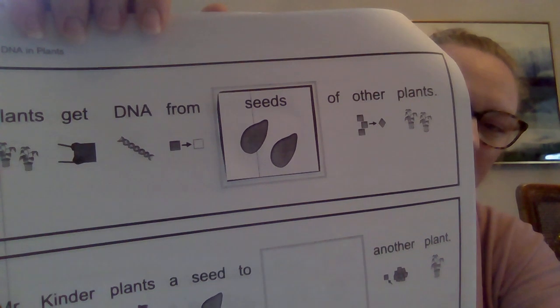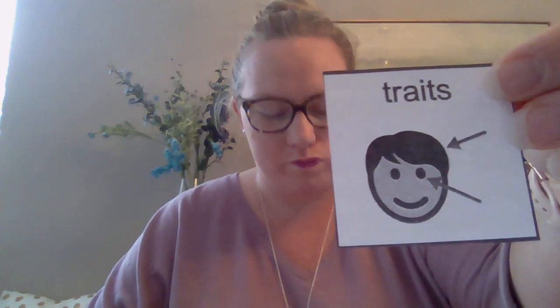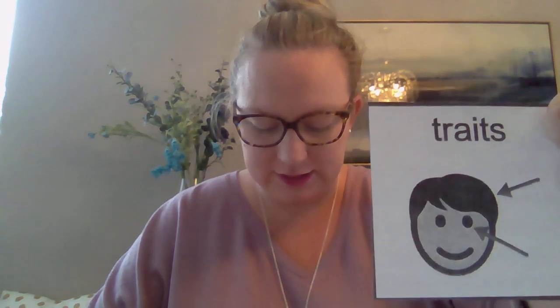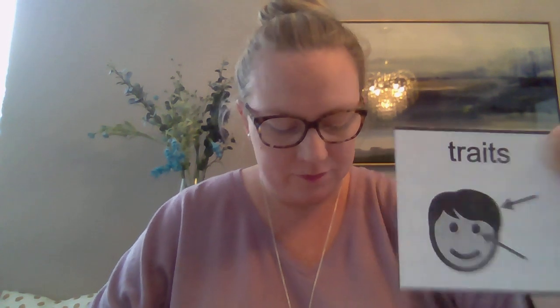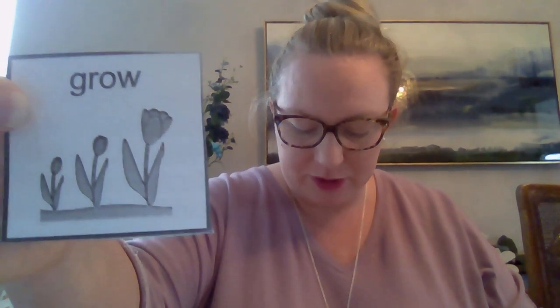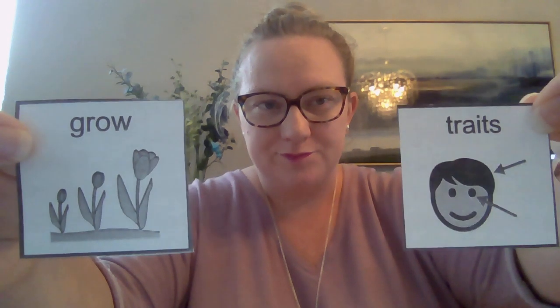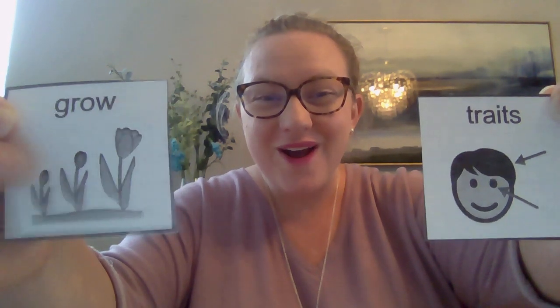Number 2 is seeds. That's how they grow and become more plants. Number 3 says Mr. Kinder plants a seed to trait another plant, or Mr. Kinder plants a seed to grow another plant. Grow, yeah, grow. We're going to grow another plant using the seed.